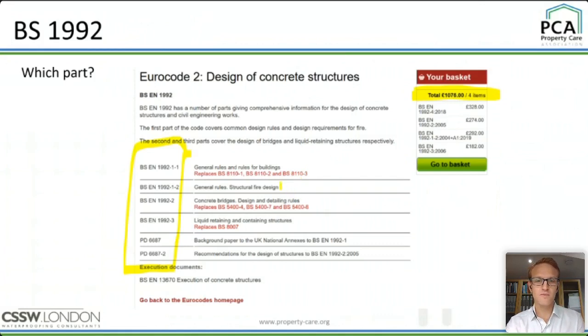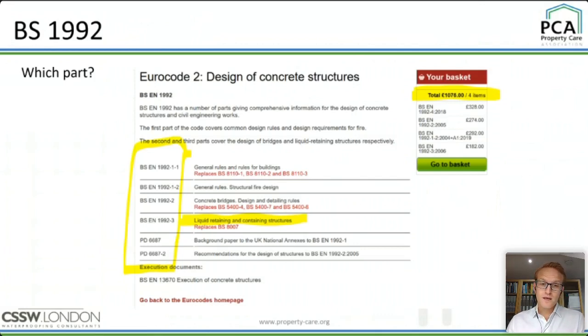You don't need to think very much about fire design normally. Concrete for bridges, well, no, a basement's not normally a bridge. So the relevant part is this: liquid retaining and containing structures, which is BS EN 1992-3, which I'll try and talk about as Eurocode 2-3 from now on, I think.